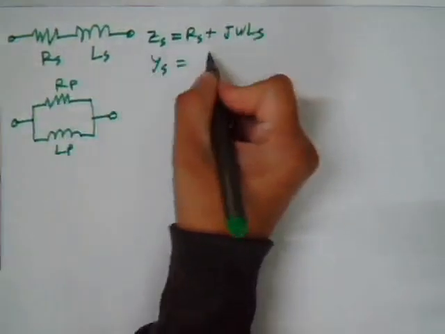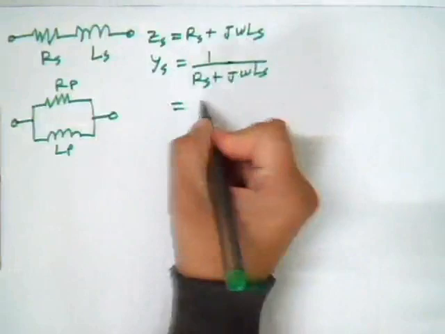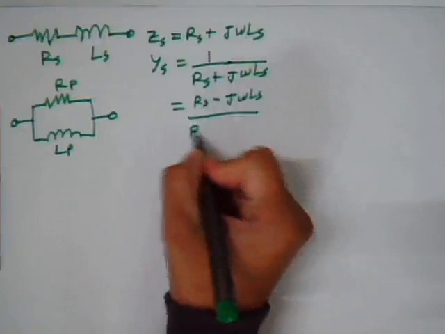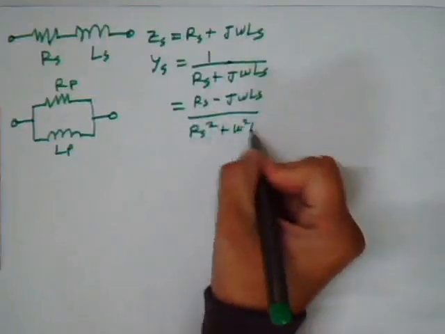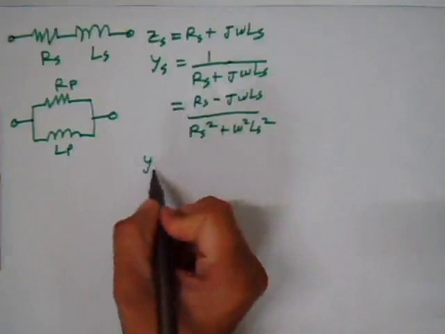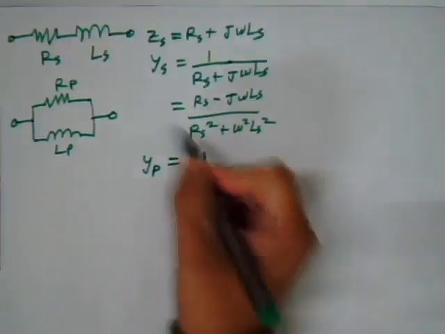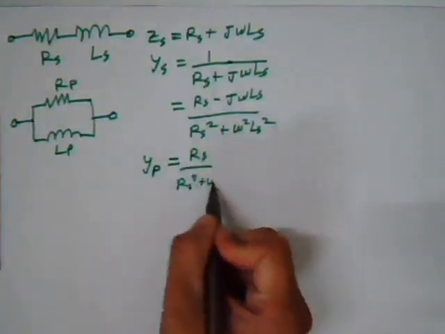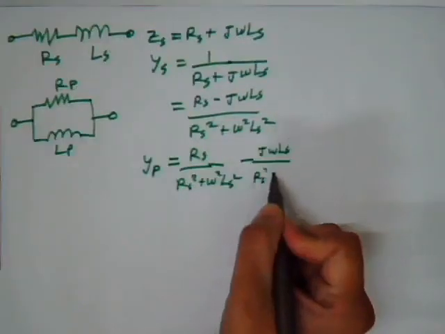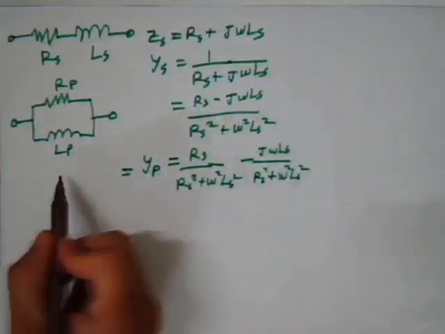So Ys, the admittance, will be the reciprocal of this, which is in turn equal to Rs minus j omega Ls by Rs square plus omega square Ls square, and for these two circuits to be equal, this should be equal to Y parallel, the admittance of this circuit.